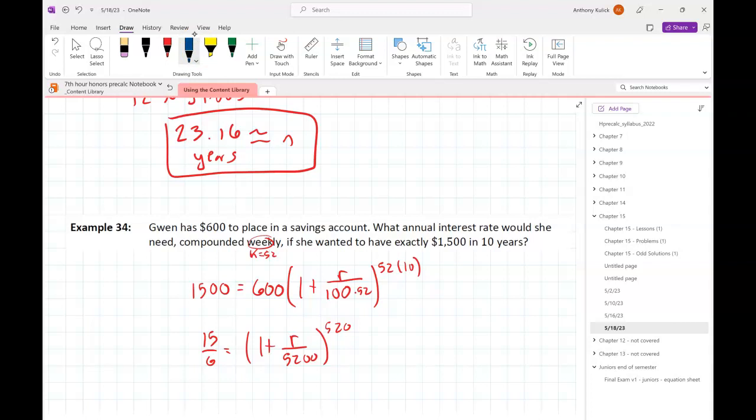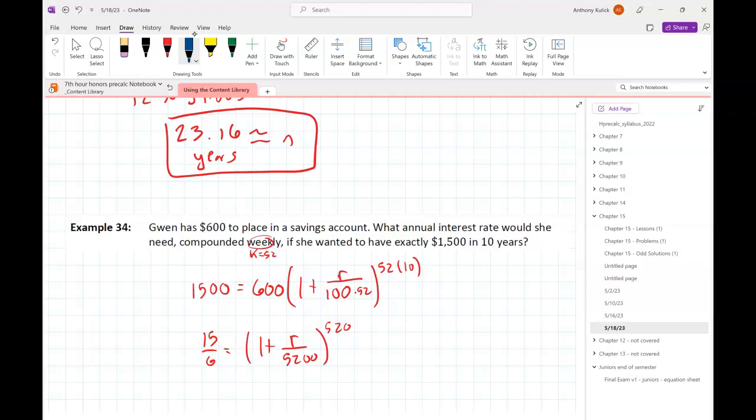What's up next? How am I going to get rid of that exponent of 520? No, I can't take a log with a variable in the base. Oh, you can't distribute exponents.